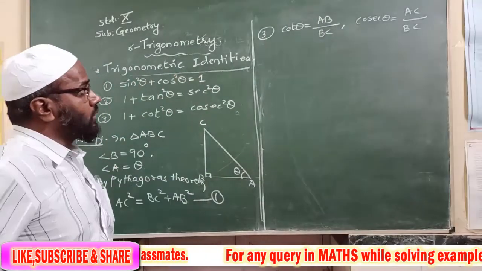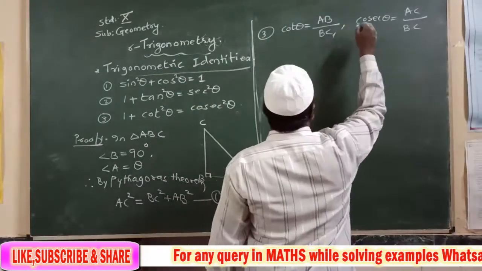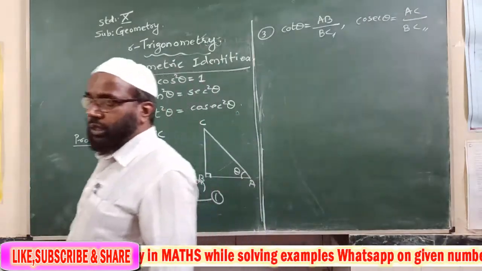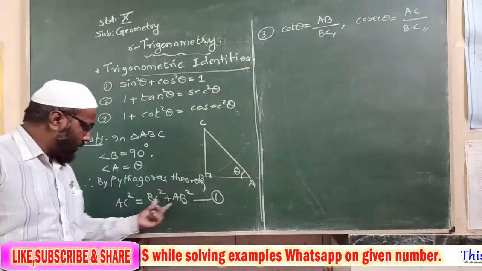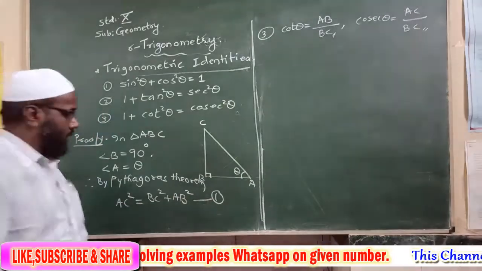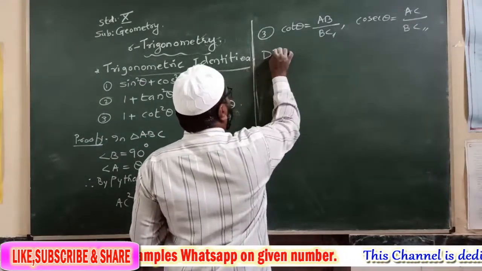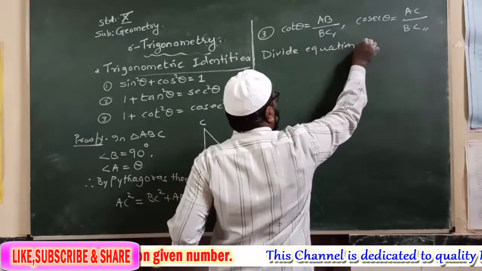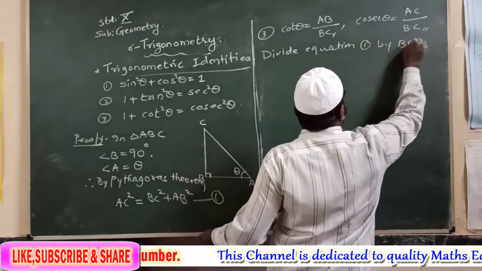So by that definition, if you observe the denominator for both cot theta and cosec theta, it is BC. So we divide equation 1 by BC square.